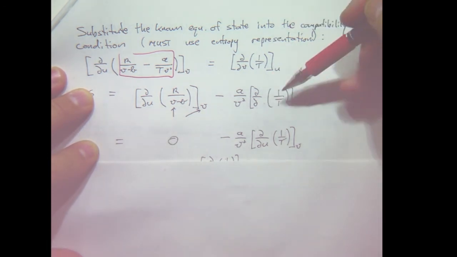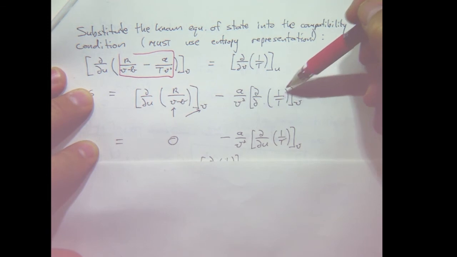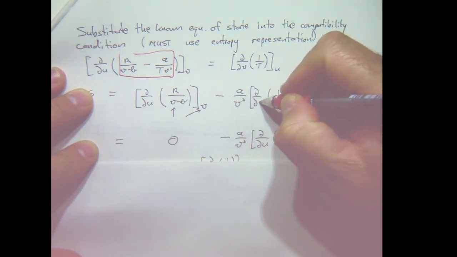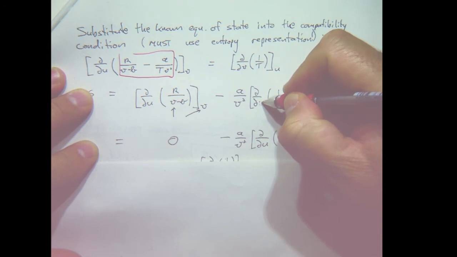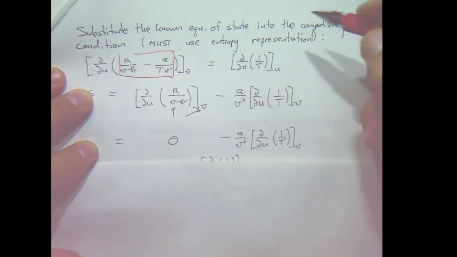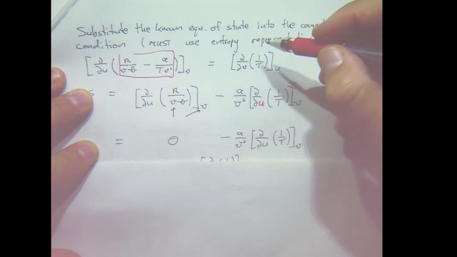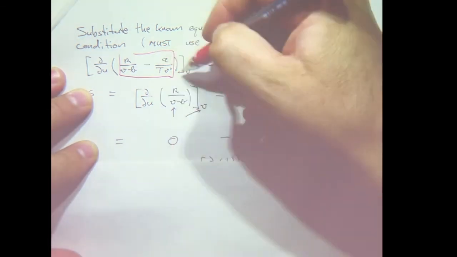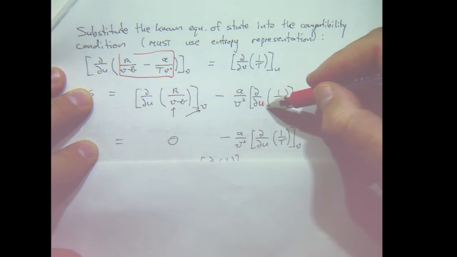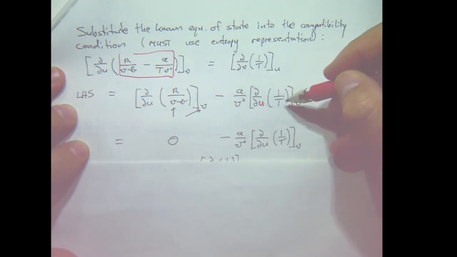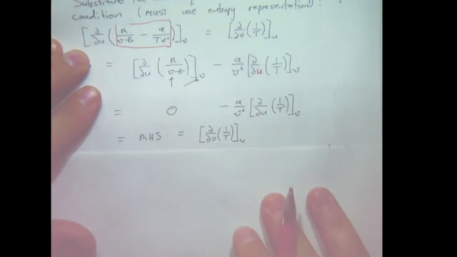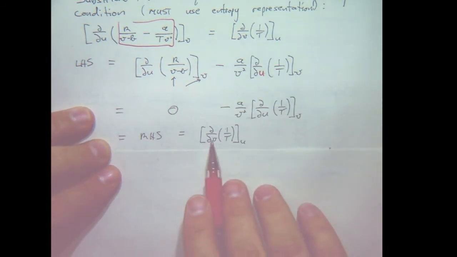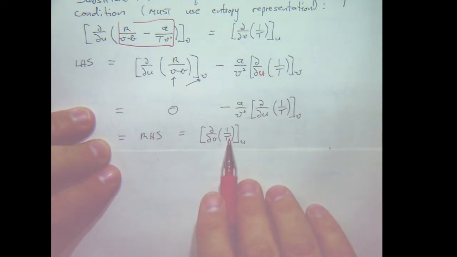How about this one? This is d by du, small u. It's supposed to be d by dv, isn't it? Oh yeah, it's here. Yes, d by du of that, it's the left-hand side. And that must equal the right-hand side, d by dv of 1 on t.